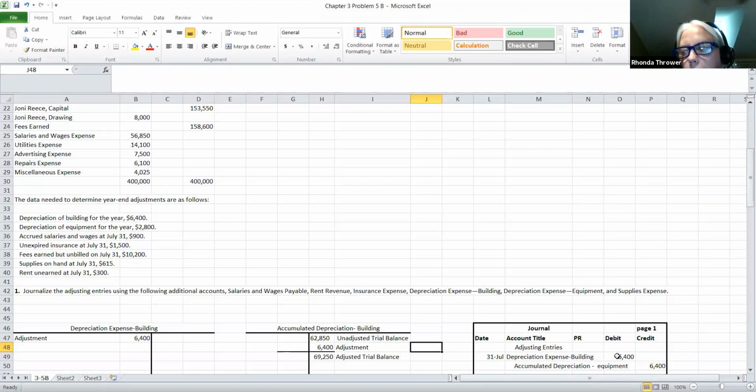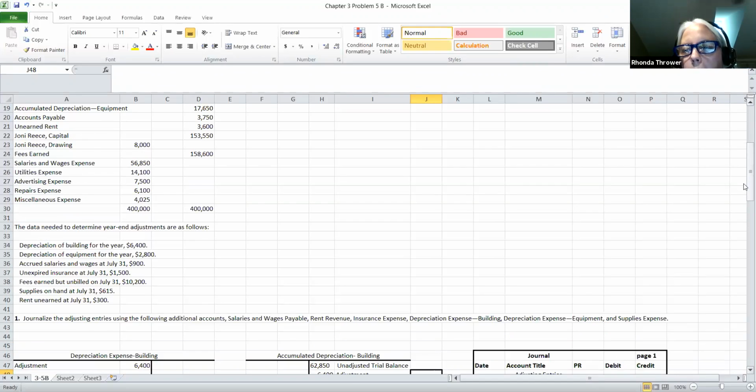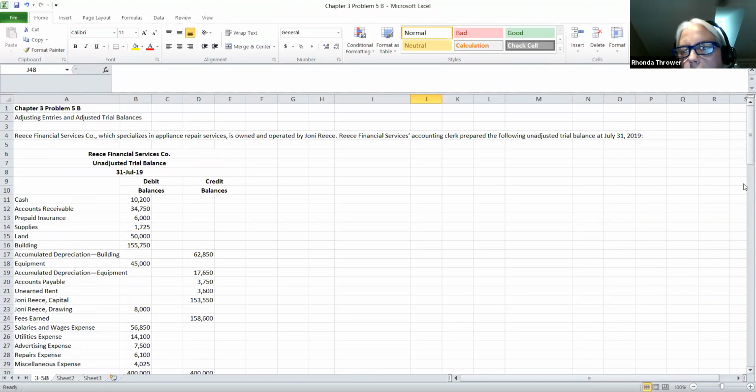And that's all that I want to talk to you about in this chapter. Please review these adjusting entries. Know the terms of the adjusting entries. Know how to create these adjusting entries. And know the process of the steps of the accounting cycle.